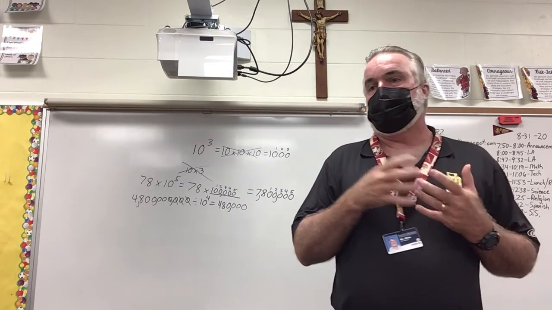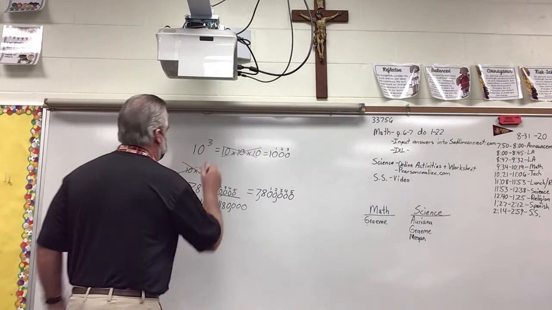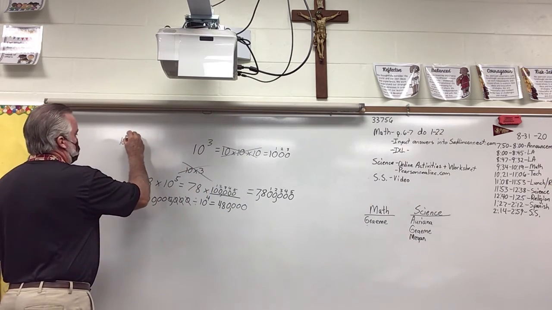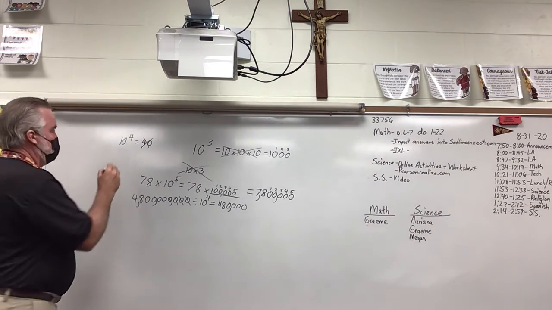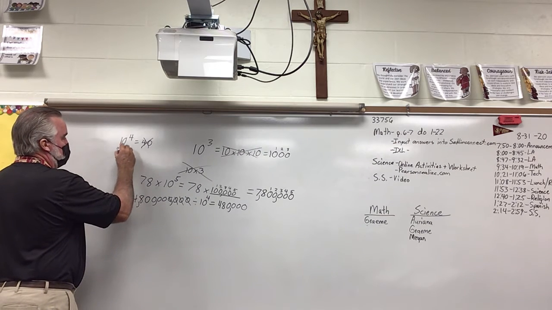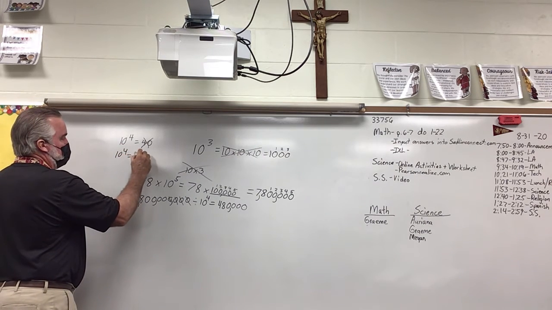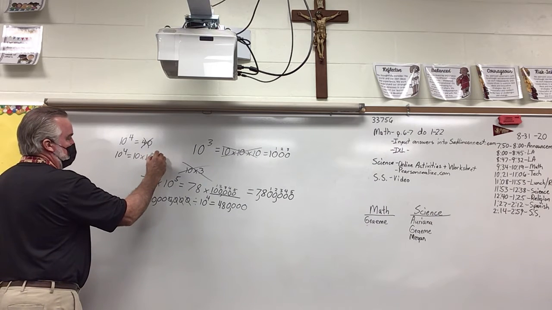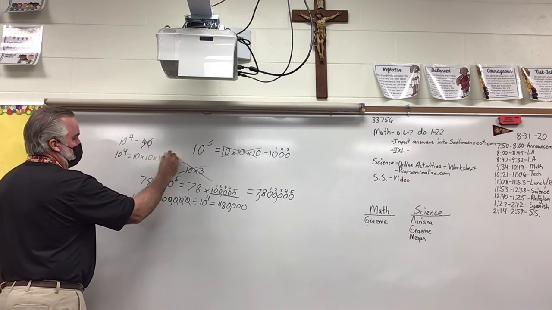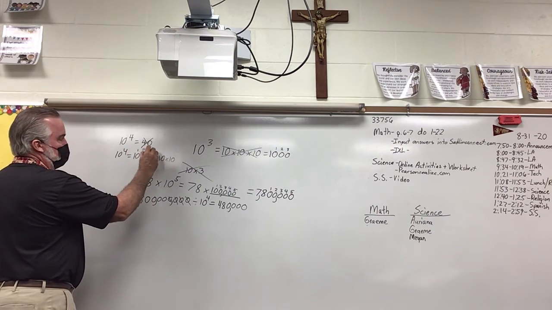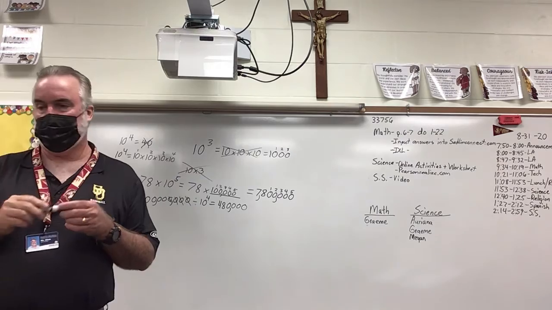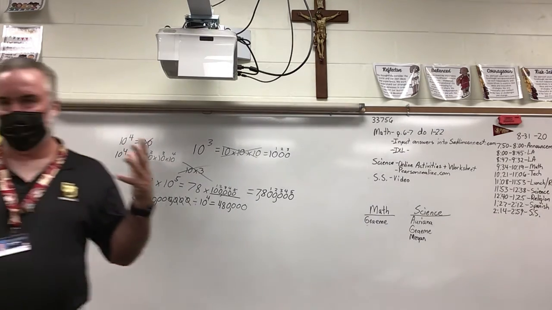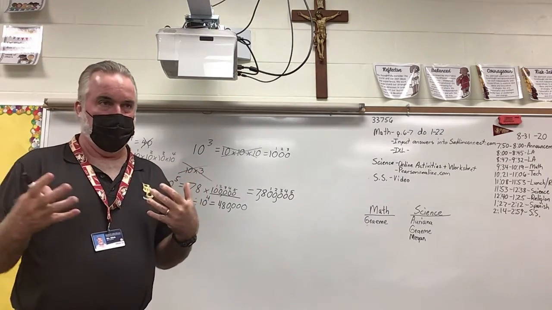You have to remember that 10 to the 4th is not 40. 10 to the 4th is 10 times 10 times 10 times 10. It's 4 tens multiplied together.